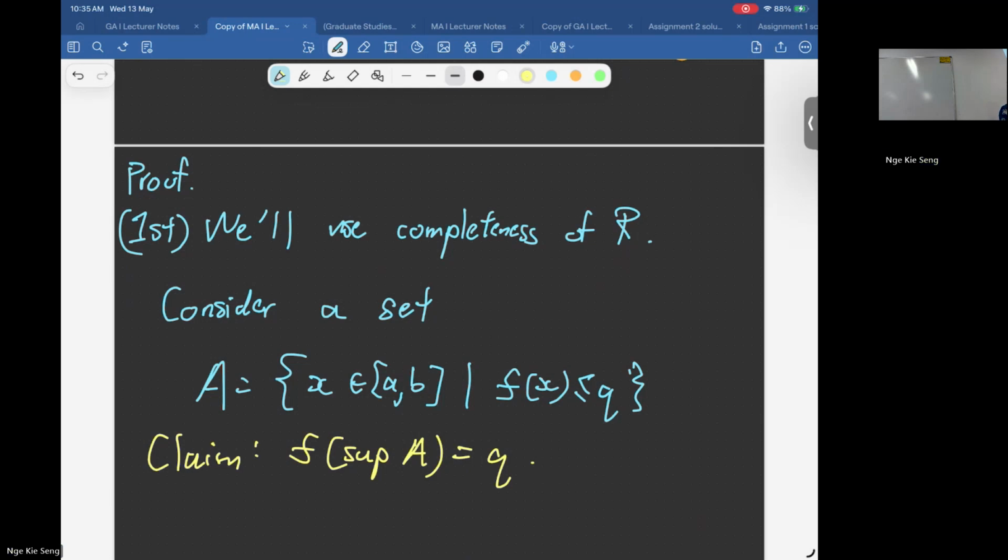Okay. For now, okay or not? Do you understand what I'm doing? This set: I look at all the points x such that f(x) is less than or equal to q.